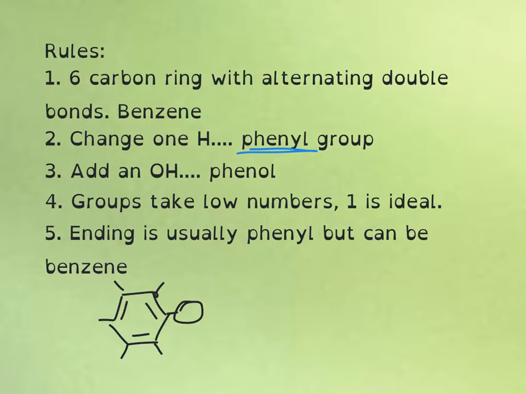And if one of those swap outs is an OH, then it becomes a phenol. You are going to attach whatever item on carbon number 1, and then you follow it with the name phenyl. Sometimes you'll see the name benzene, but phenyl is typically the one that follows.